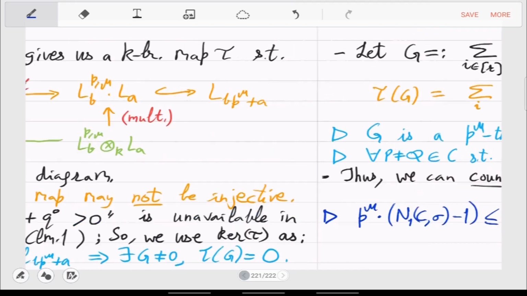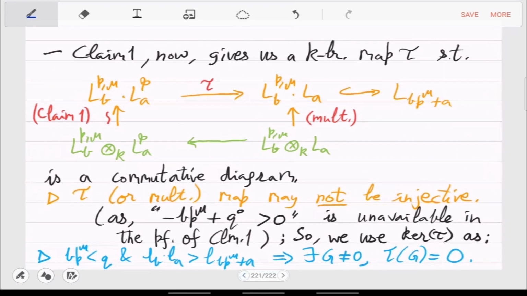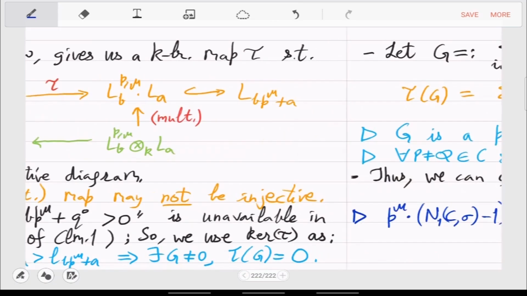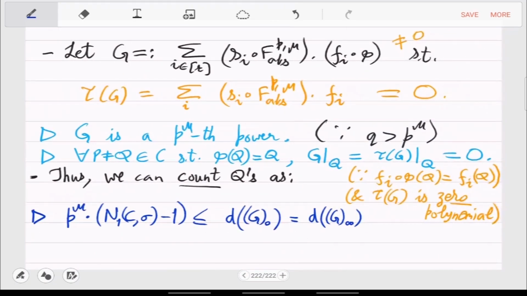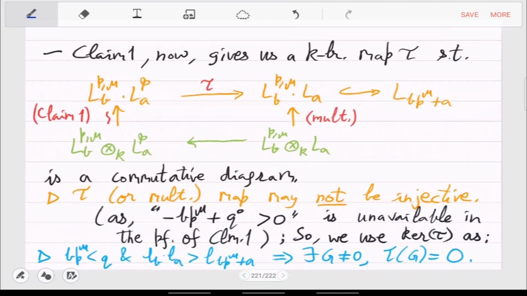Well, poles of G are given by the orange sequence. So poles of G are in multiplicities BP mu plus A. Is that right? That's not right.